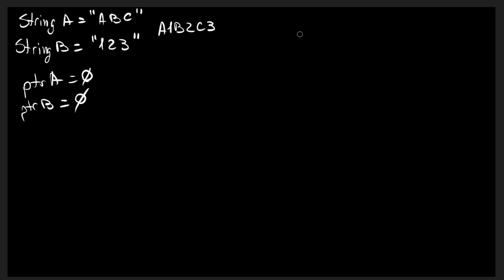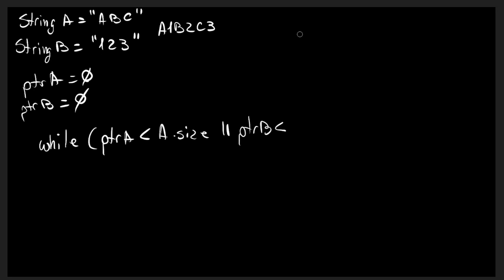And basically what I want to do is in a while loop, we're going to check two conditions: while pointer A is less than the size of A, or pointer B is less than the size of B. If this is true, we'll stay in the while loop.